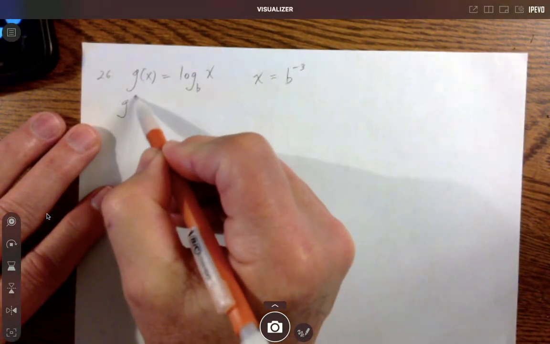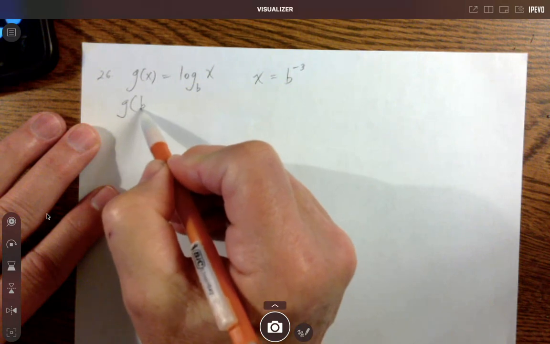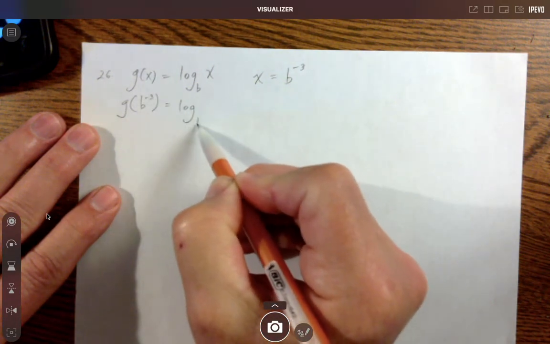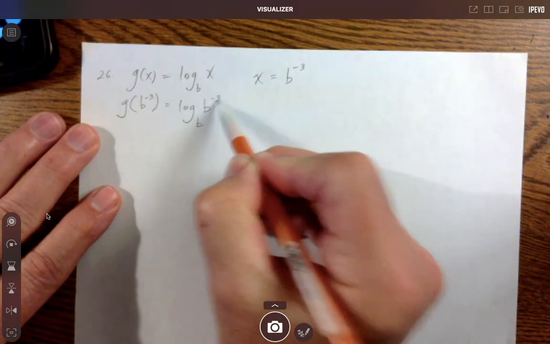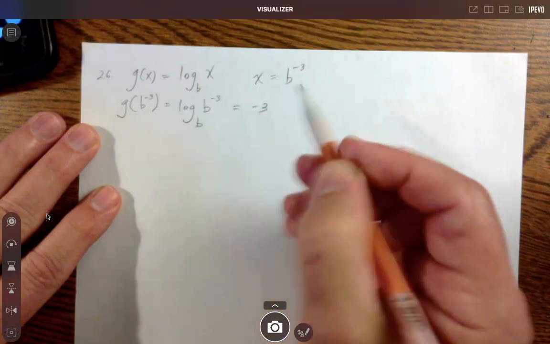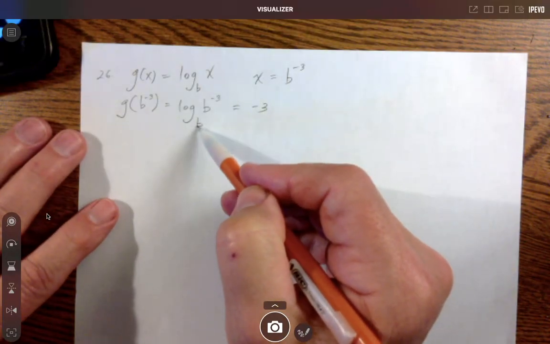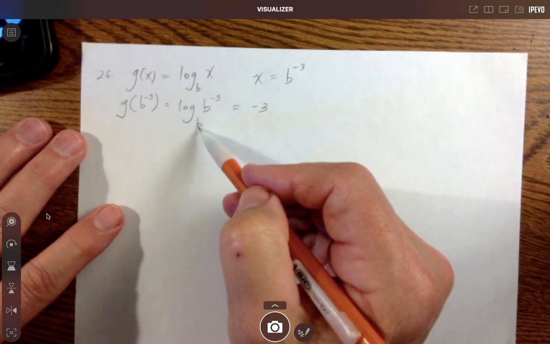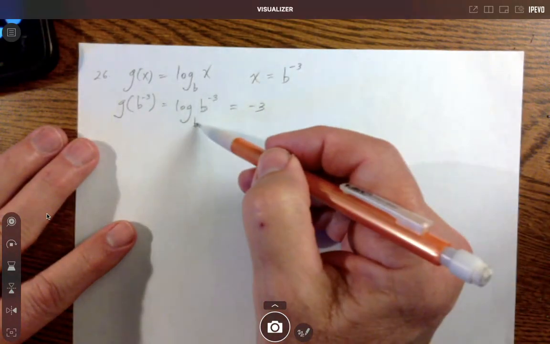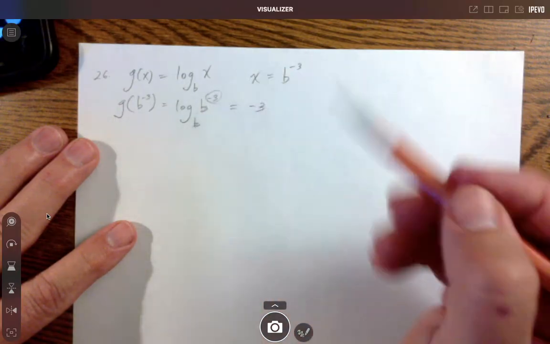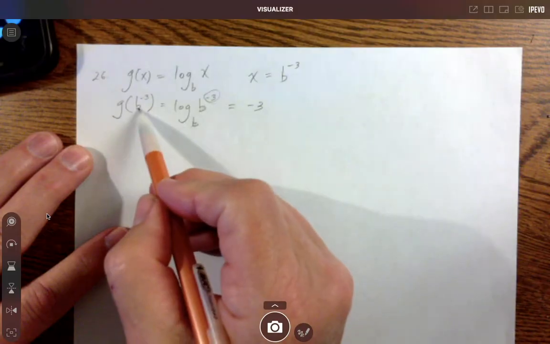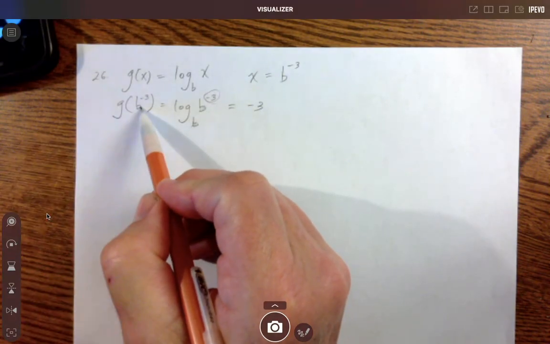If I plug b to the negative 3 into g, that's just log base b of b to the negative 3. And since these are the same, the answer is just going to come out to be negative 3. It can be any number, right? These could be e's, like in the previous problem. They could be 2's, they could be 10's. If these are equal, then this is the resulting value of that function when you plug this in.